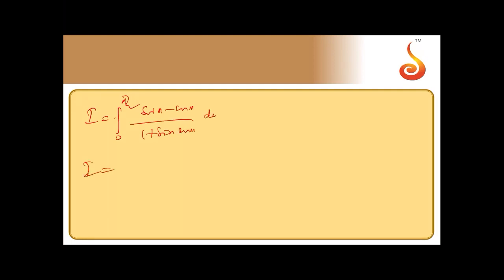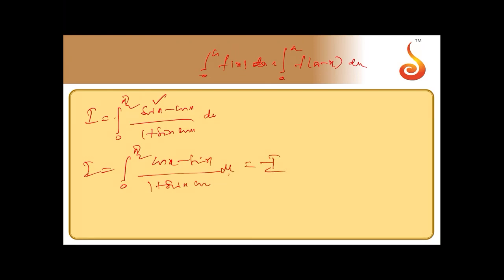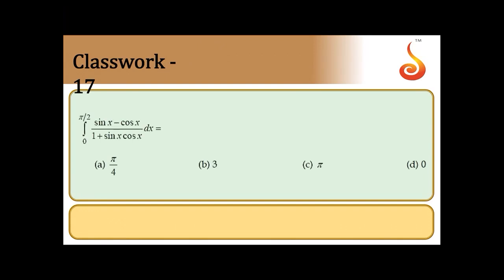I apply the formula that integral 0 to a f of x dx is the same as integral 0 to a f of a minus x dx. So sin of pi by 2 minus x becomes cos x. Cos x minus sin x divided by the same denominator dx, which is minus I, and therefore 2I is equal to 0. So I must be equal to 0. Therefore the integral of this is 0.